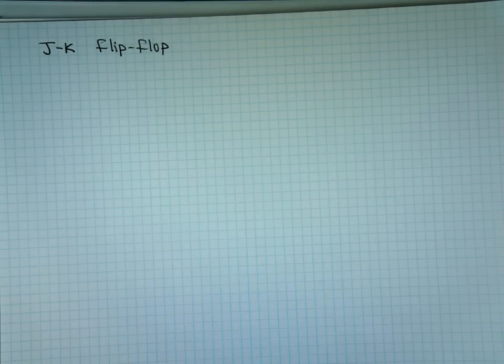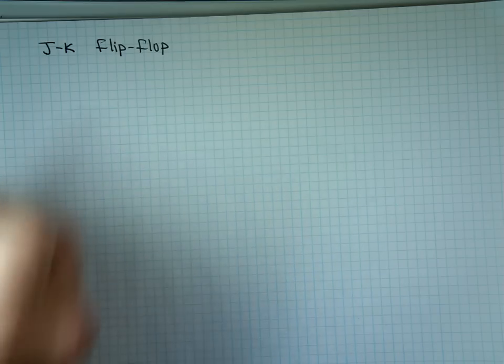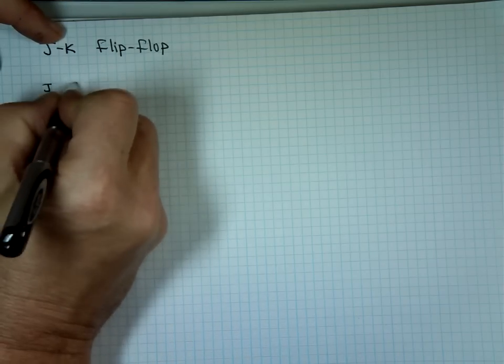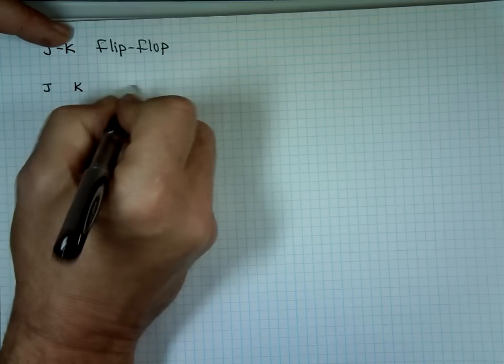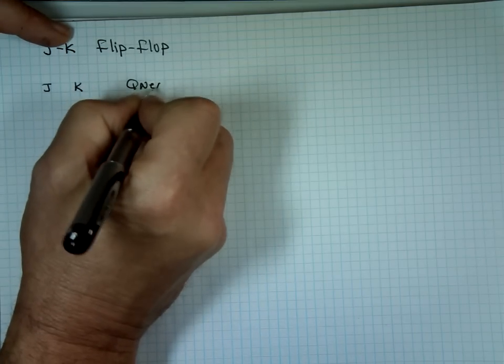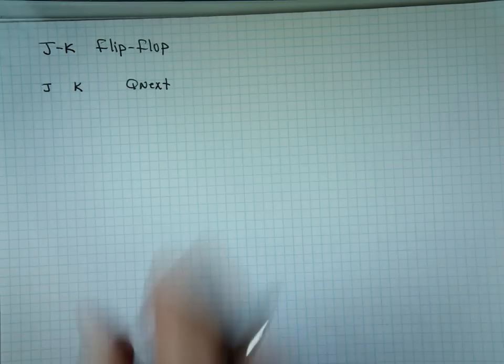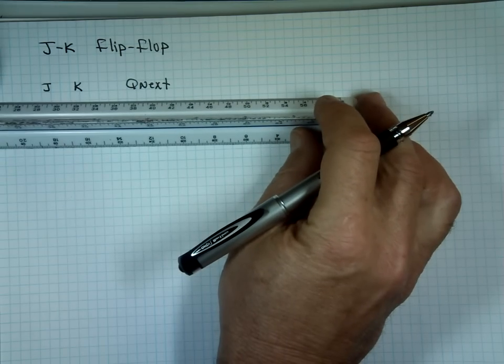Again, just like the other one, Q next. The first 3 did not change. We kept them the same. So identical to the SR flip-flop.